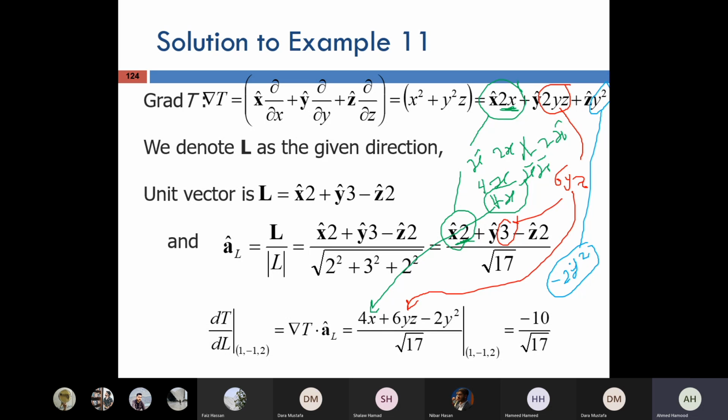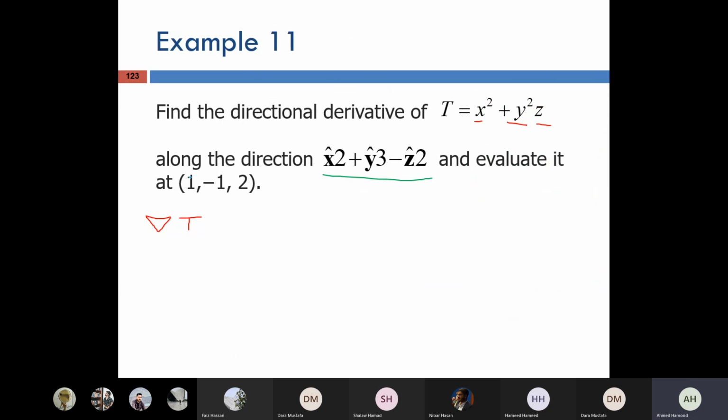So this part, you will have negative 2y square divided by root of 16. So we have already found the directional derivative of this vector, but the question is asking us to evaluate it, where x is 1, y is negative 1, and z is 2.